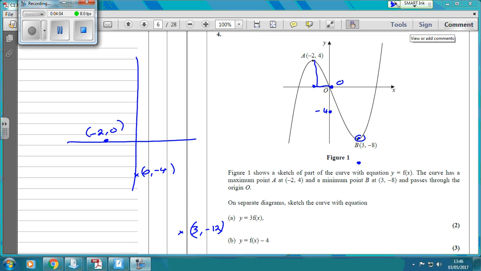And then we just keep the shape the same, because all we've done is we've picked it up and we've moved it down by 4. And that's it. That's all you need to do for those ones. So the key thing to remember is that when it's outside the brackets, it's up and down. And when it's inside the brackets, it's left and right. That is how you do that question there.